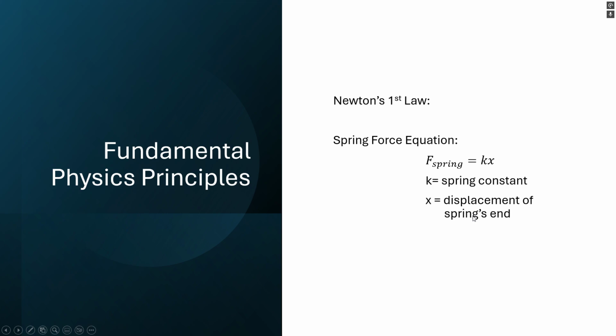Now, what do those actually mean? The spring constant is a mathematical number between 0 and 1 that tells you how stiff or how soft a spring is, so how easy it is to compress. The displacement of the spring's end is just how far you stretch the spring.